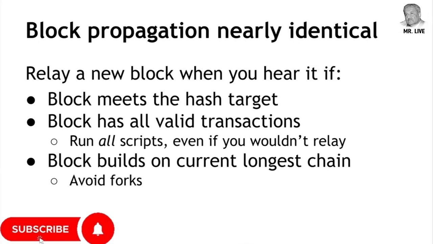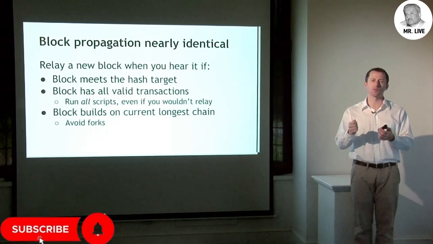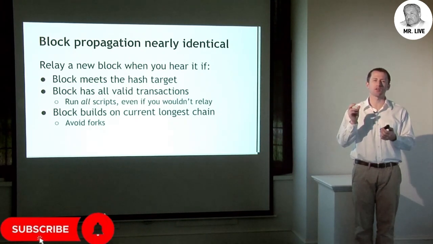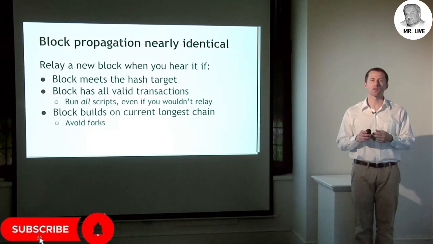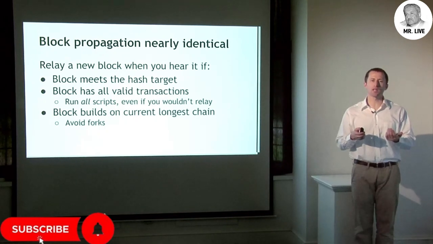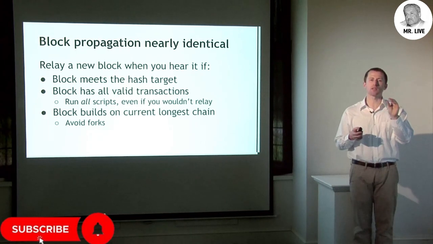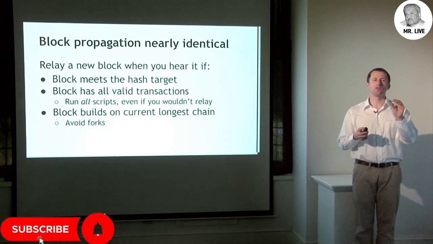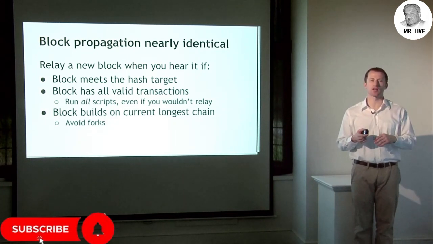And in this case, instead of verifying that the transaction is valid by running a script, the nodes are going to verify that the new block is valid by computing the hash and making sure that it starts with a sufficient number of zeros to meet the difficulty target. Now, validating a block is also much more in-depth, because in addition to validating the header and seeing that the hash value is correct, nodes are asked to validate every transaction included in the block to make sure that the block contains only valid new transactions.